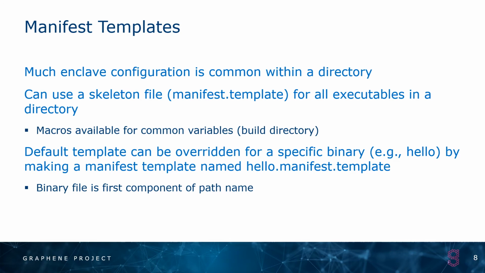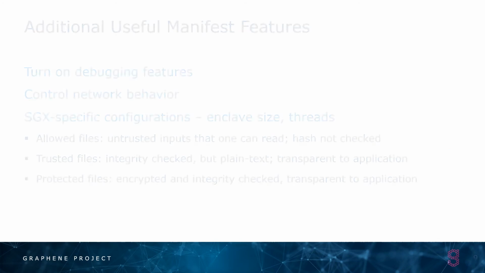And for individual files, suppose you have 10 files in a directory and 9 of them can use a default, but the 10th one needs some other one-off features. You can also create a binary specific template like hello.manifest.template for the hello binary. And the name of the binary is the first part of this path name.